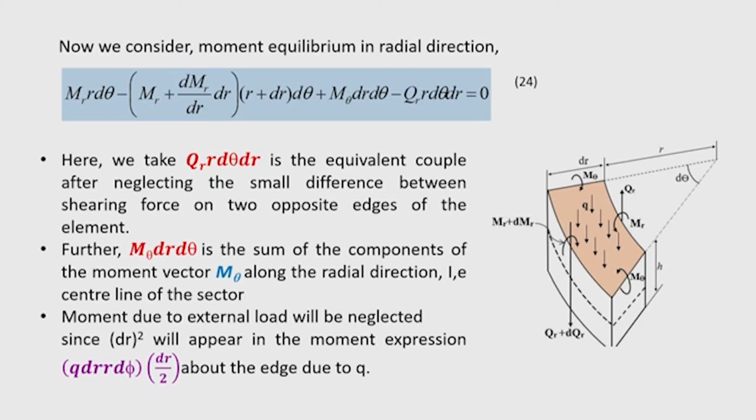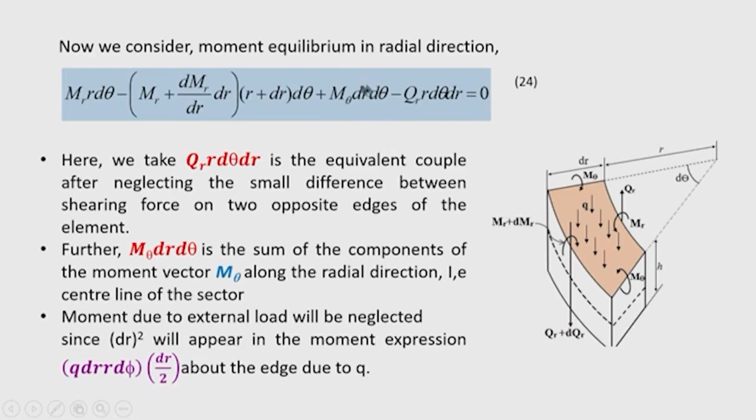Now, both the vectors, if you use the vector notation for the moment, one is pointing towards the center and another is pointing away from the center, but the effect is the same. Both the moments are symmetrical and it is causing a sag in the plate.